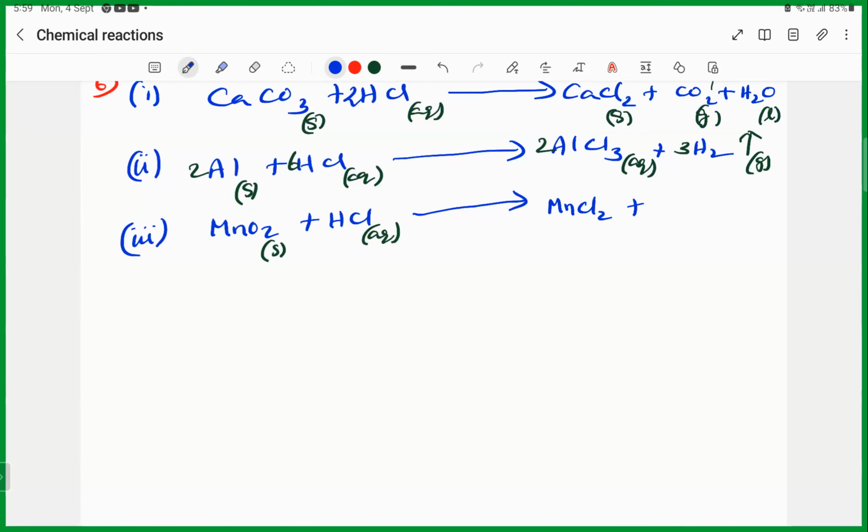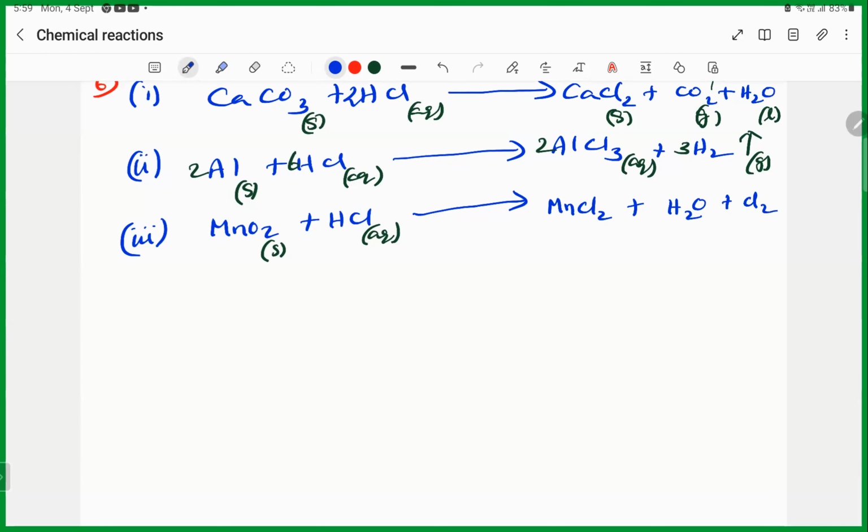MnCl2 plus H2O, sir. Okay. Then Cl, balance ஆயிற்றா? Yes, sir. Balanced. Plus it liberates chlorine gas also.